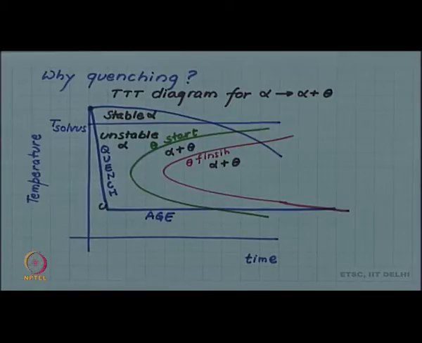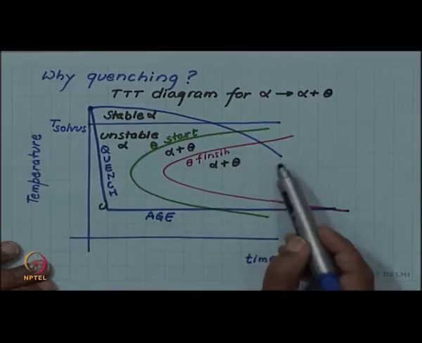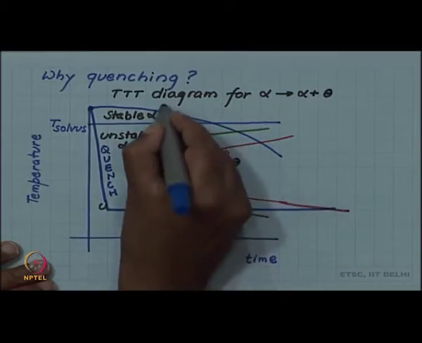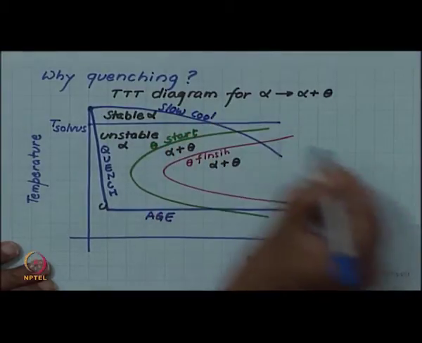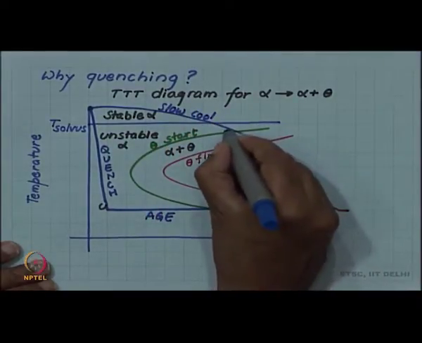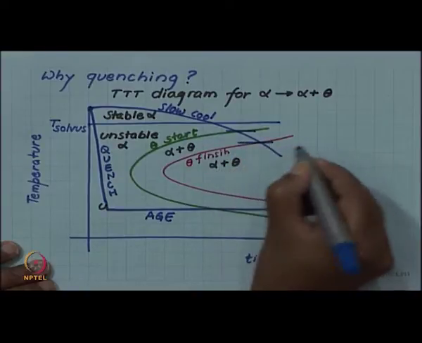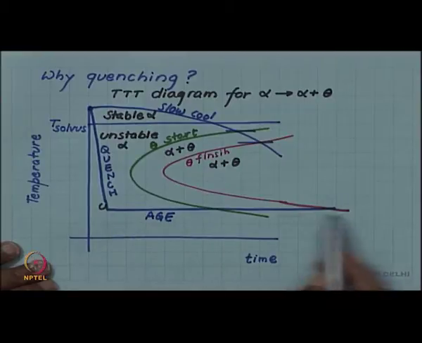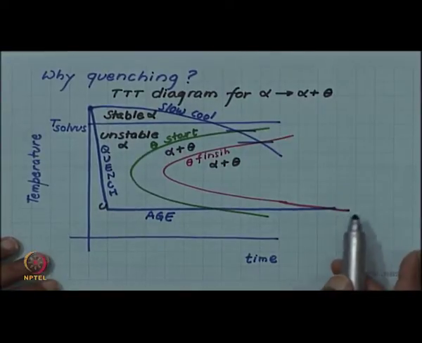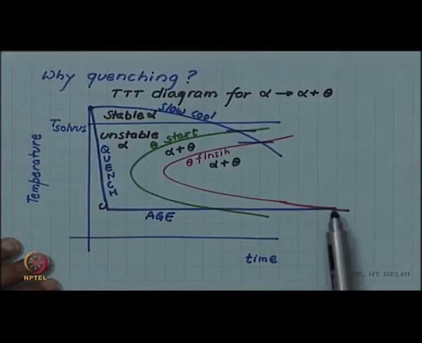This is because you can see that during equilibrium cooling, during slow cooling, the temperature of transformation is much higher, whereas on quenching and then aging, temperature of the transformation is much lower. And recall that at lower temperature you have faster nucleation and slower growth.